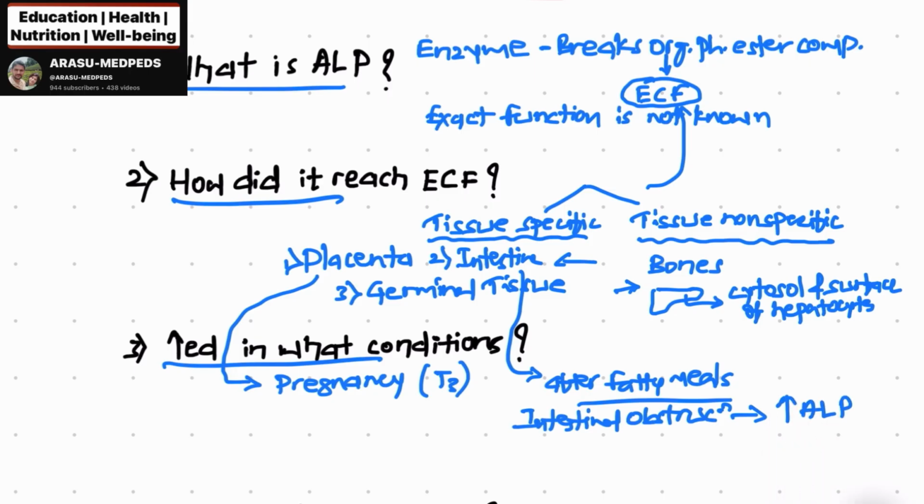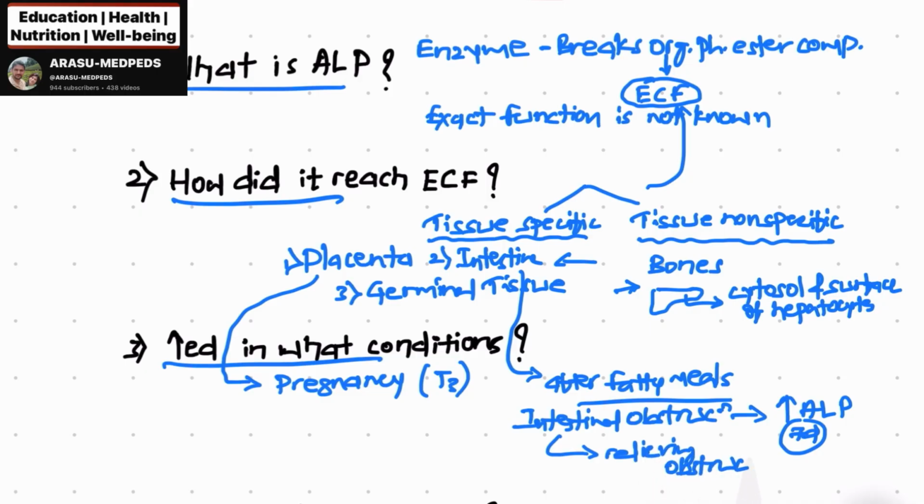And the point here is, these raised levels will take a minimum of 7 days to get cleared from serum. That's why the levels will remain raised for up to 7 days even after relieving the obstruction. So this is the clinical implication.